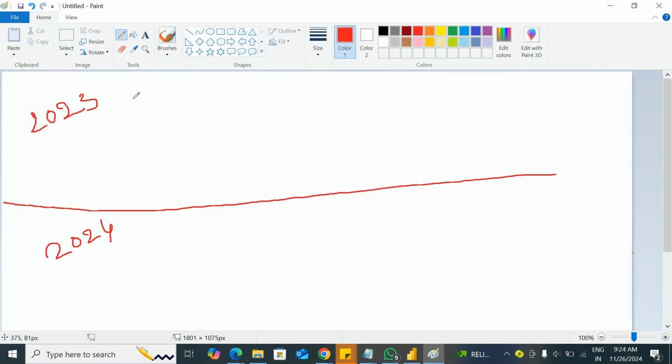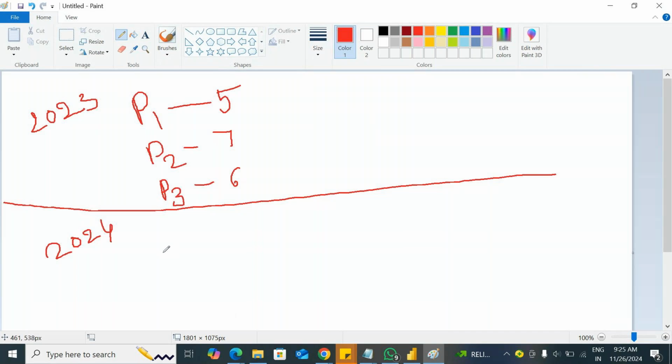In 2023, P1 has 5, P2 has 7, and P3 has 6.